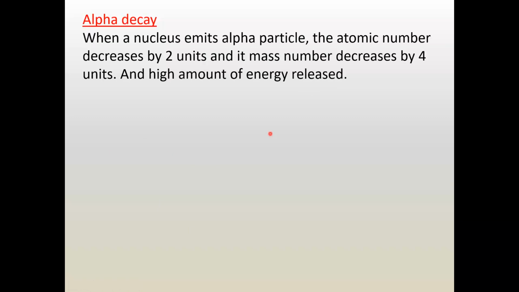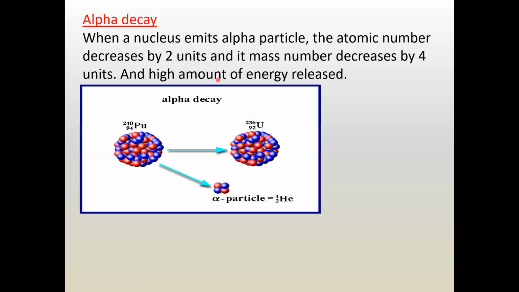Now, what is alpha decay? What happens when the particle is emitting alpha? In alpha decay, as I mentioned, the nucleus is populated and contains a lot of protons and neutrons. So that unstable nucleus emits two protons and two neutrons.